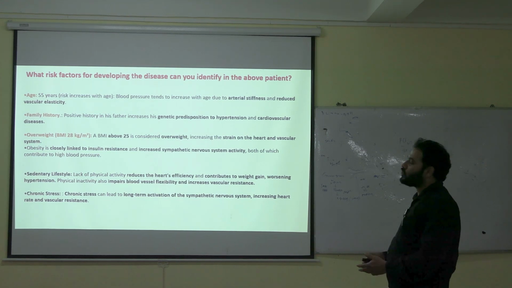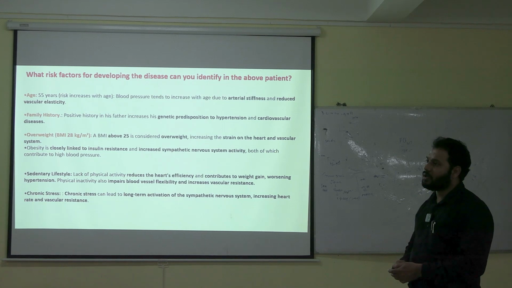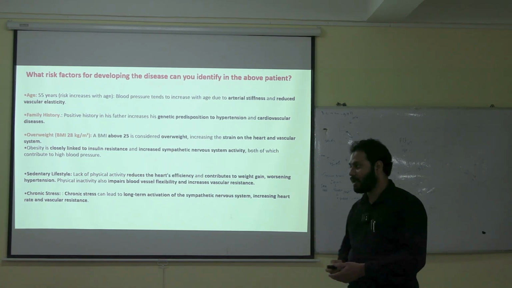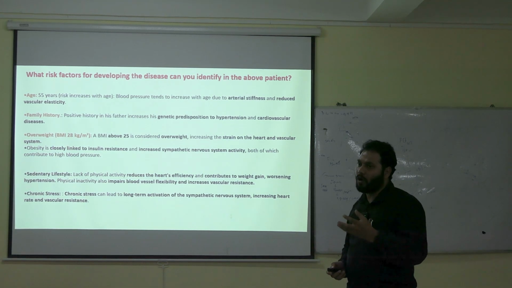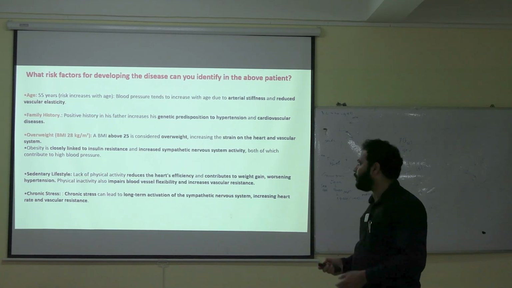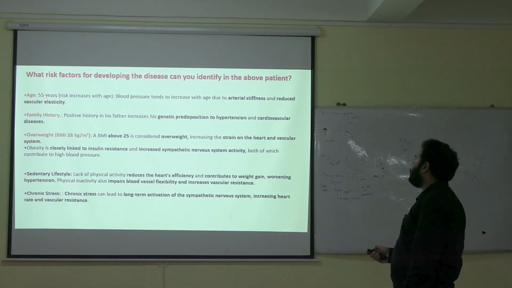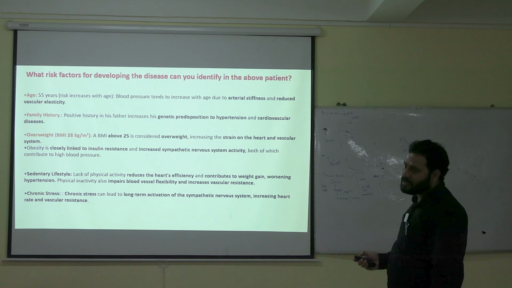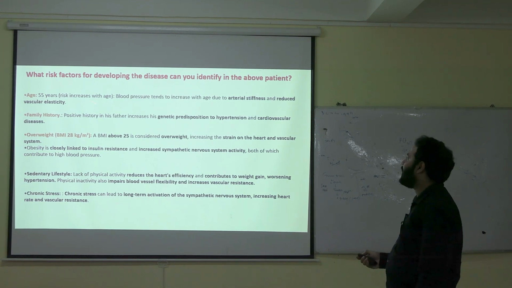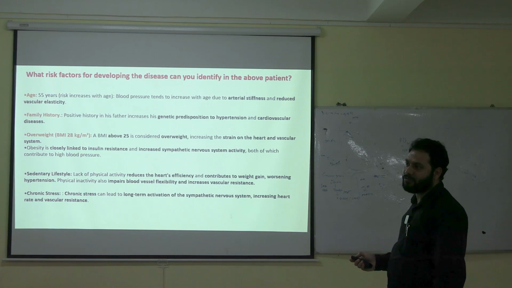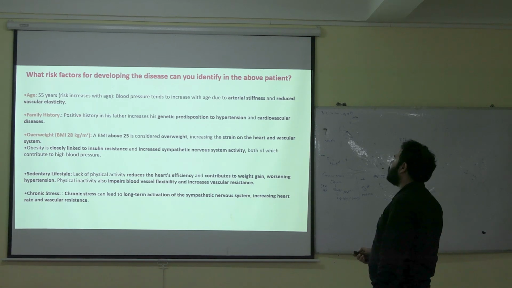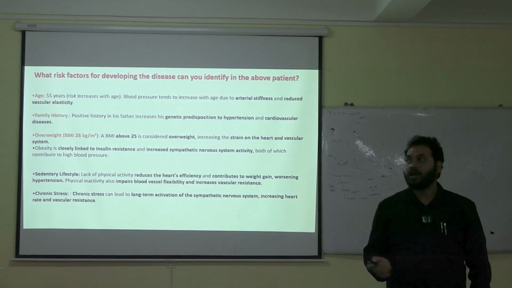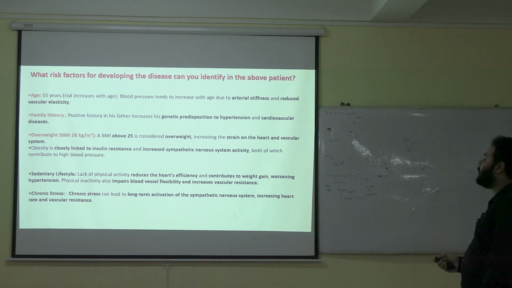Now the question is how these factors alter the blood pressure. What is the exact mechanism, or what is the impact of all those factors from a physiological point of view? You can see 55 years is the age. At this particular age, there is a high chance of increased risk. What happens in this age group is there are changes in the arterial conditions, right?